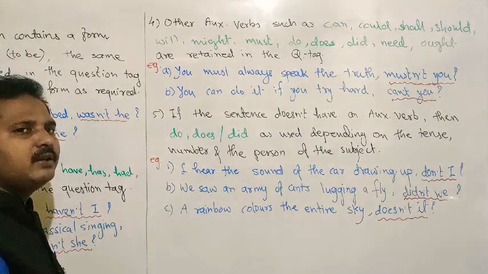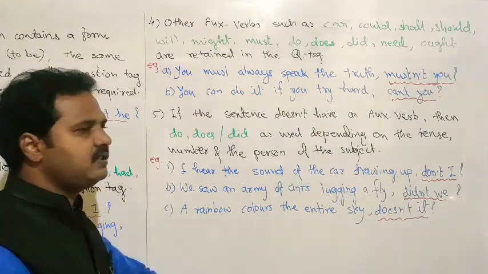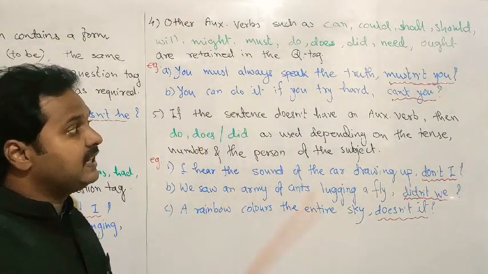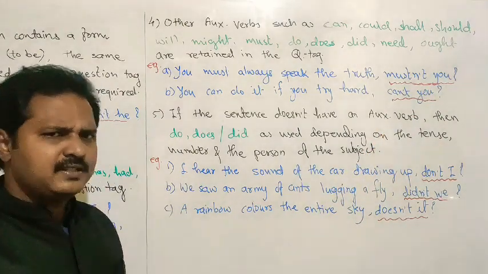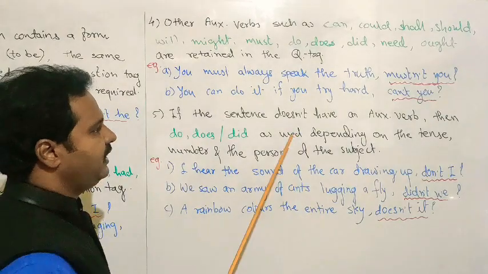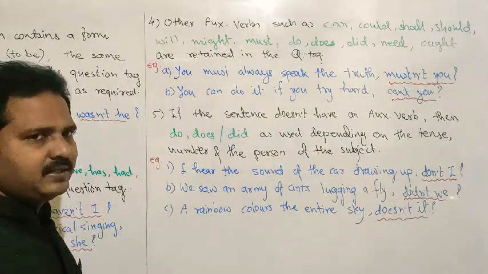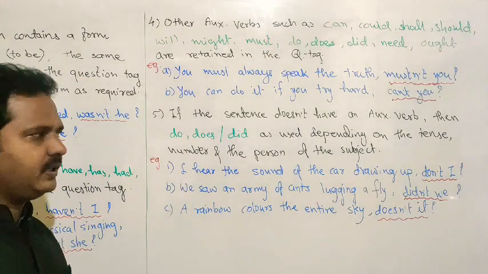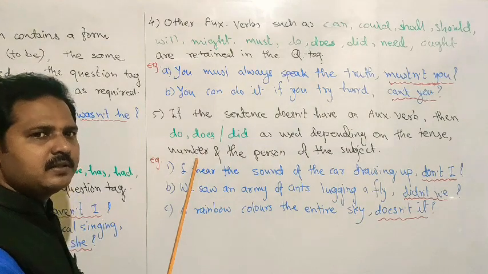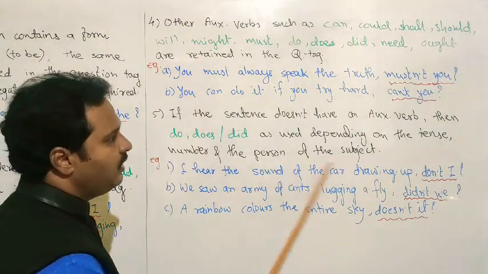The fifth rule gives us the information that if the sentence doesn't have an auxiliary verb, then do, does or did is used depending on the tense, whatever tense is given. The present tense will be do or does, past tense did. Also the number, singular or plural, and the person, first, second, third, of the subject.